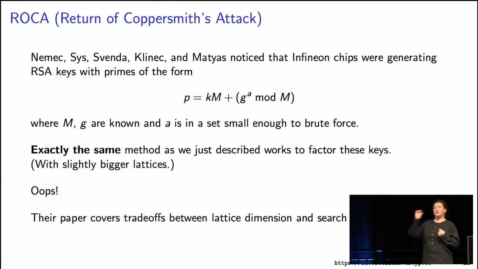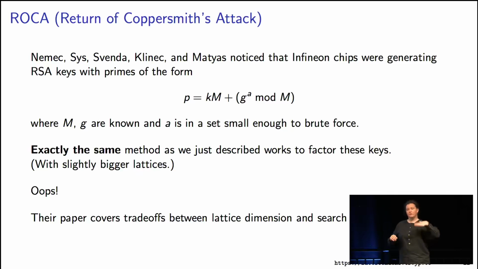Oh, the G is also known. They had managed to get this A into a sufficiently small set that you could search it. So pick one of those A's, compute G to the A mod M, and use the Coppersmith attack to get K. If you get a number, then probably it's a factor, so test it. If you don't get a number, well, too bad. So just try this for each of those.